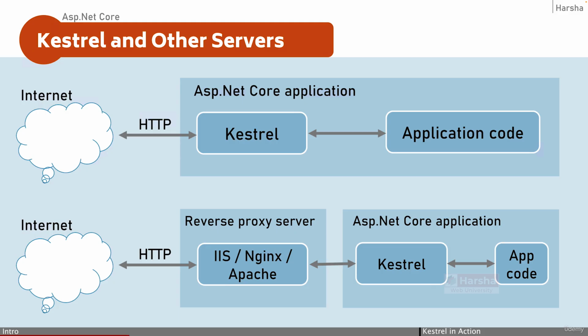So Kestrel prepares an HTTP context object which contains the details of the request and sends that HTTP context to the application code, so that the application code can process based on that and provide the response back to Kestrel. Then Kestrel sends the same response back to the internet or the client. So this is the general process that happens with Kestrel.